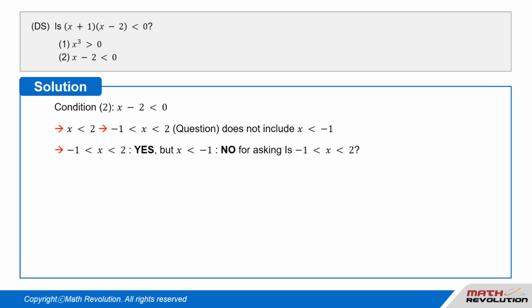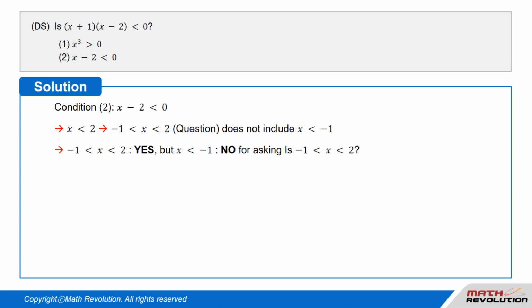Condition 2 tells us that x minus 2 is smaller than 0. This inequality can be rearranged as x is smaller than 2. The range -1 is smaller than x, which is smaller than 2, does not include the range x is smaller than -1, which is contained in the range given in condition 2. If -1 is smaller than x, which is smaller than 2, then we get yes.